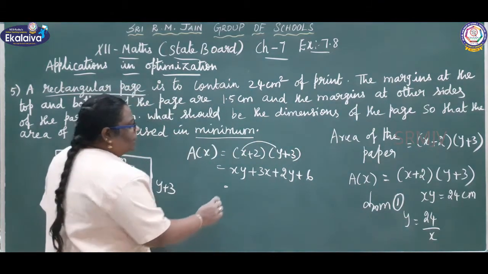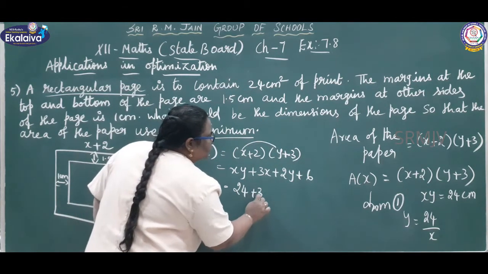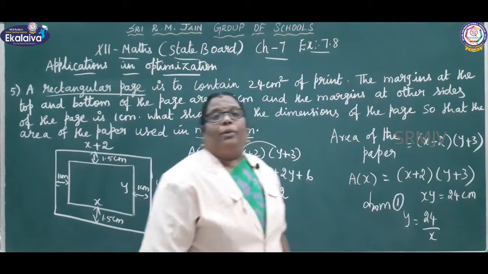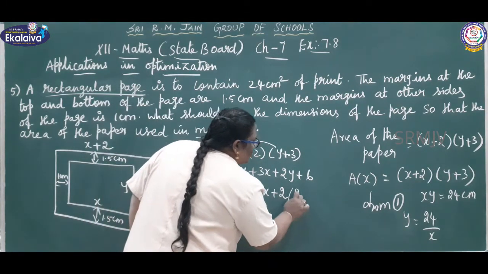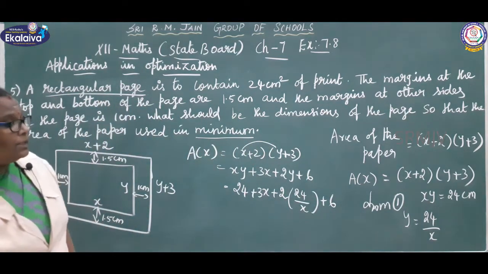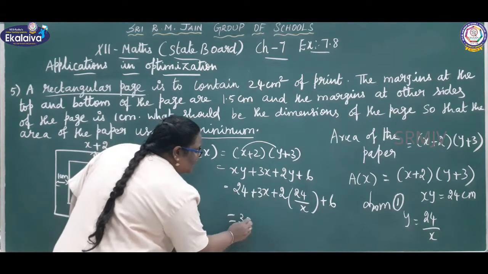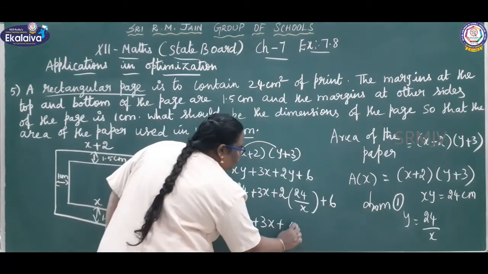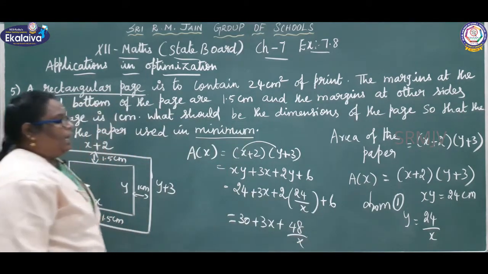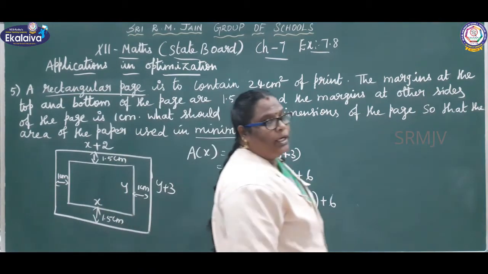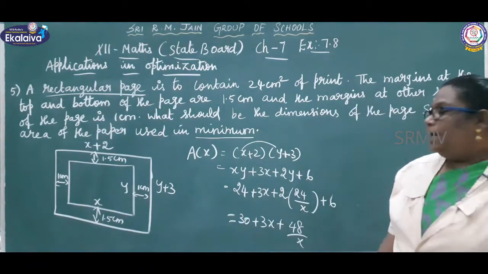So you can write it here: 24 plus 3x plus 2 into, what is the value of y here? y equal to 24 by x, plus 6. 24 plus 6 is 30, plus 3x plus 24 into 2, 48 by x. See here, A of x equal to 30 plus 3x plus 48 by x.